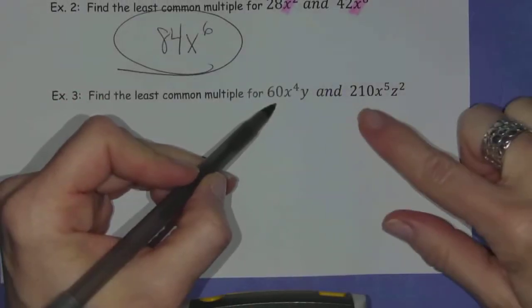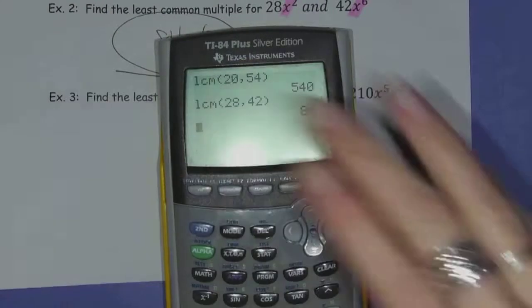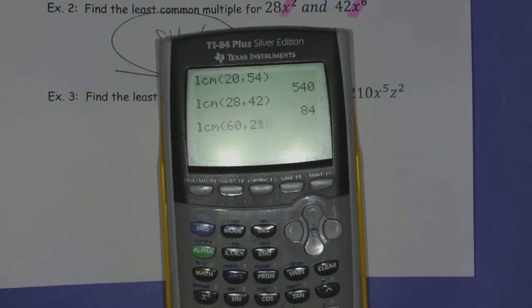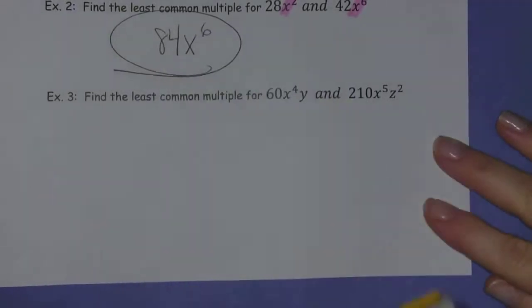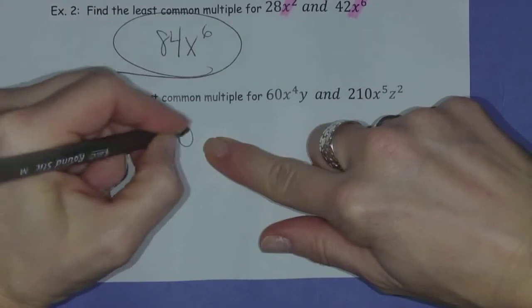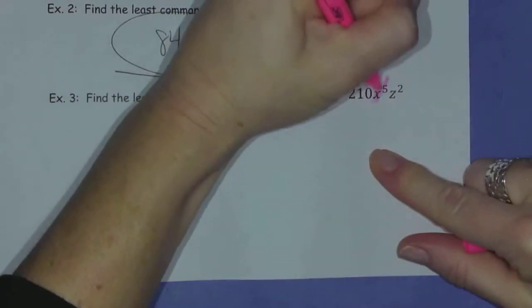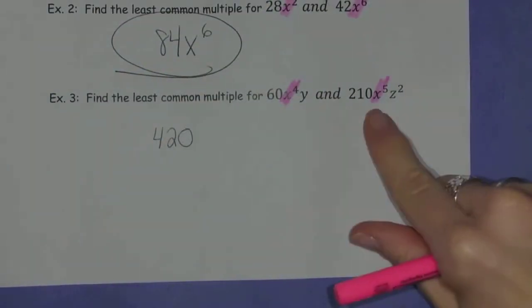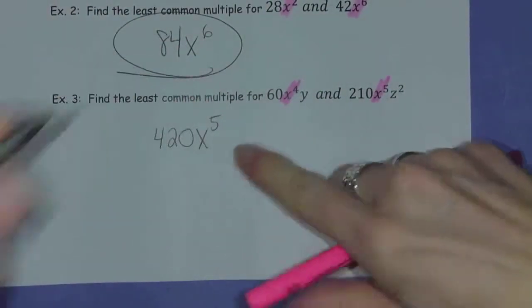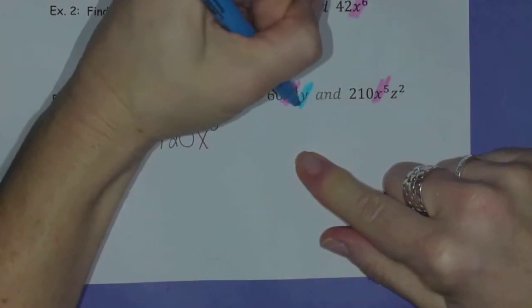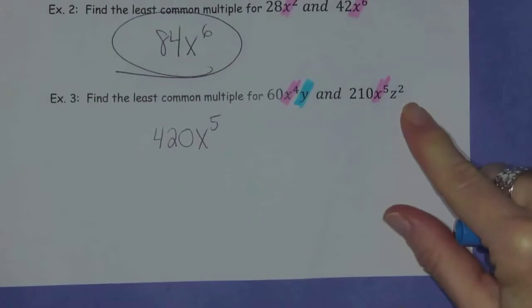And last but not least, one more. We've got a 60 and a 210. So, math, num, 8, 60, comma, 210. Looks like 420, numerical part. And I'm going to take the higher exponent, x to the 4th versus x to the 5th. Higher one is x to the 5th. Now this gets interesting. Here we have a y, and on this one we have nothing, no y.